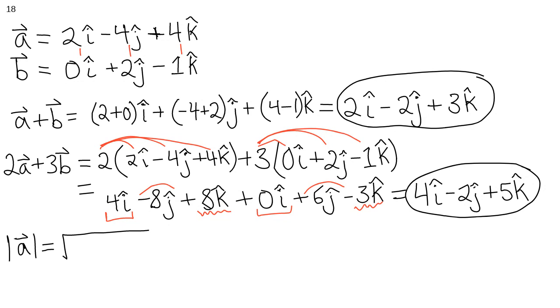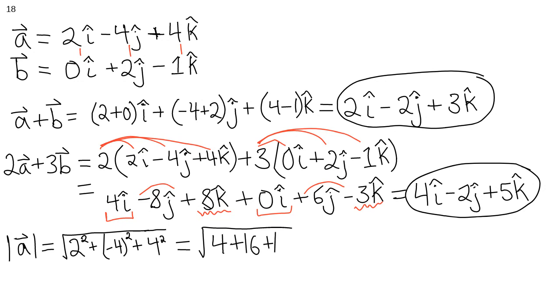So 2 squared plus negative 4 squared plus 4 squared. That's the square root of 4 plus 16 plus 16. Which gives you the square root of 36.